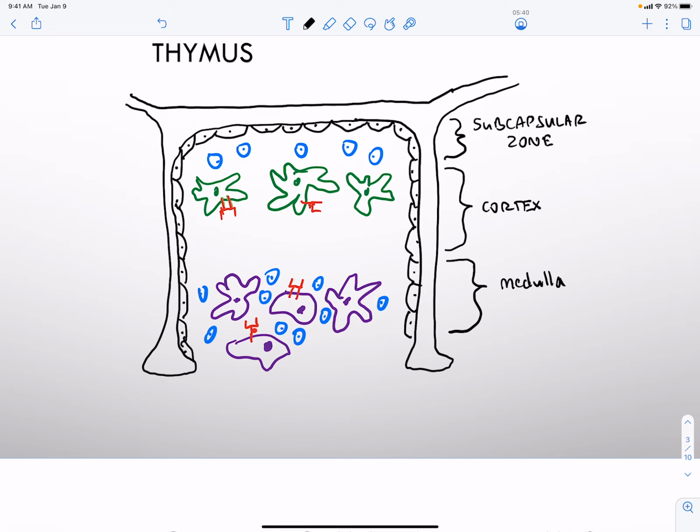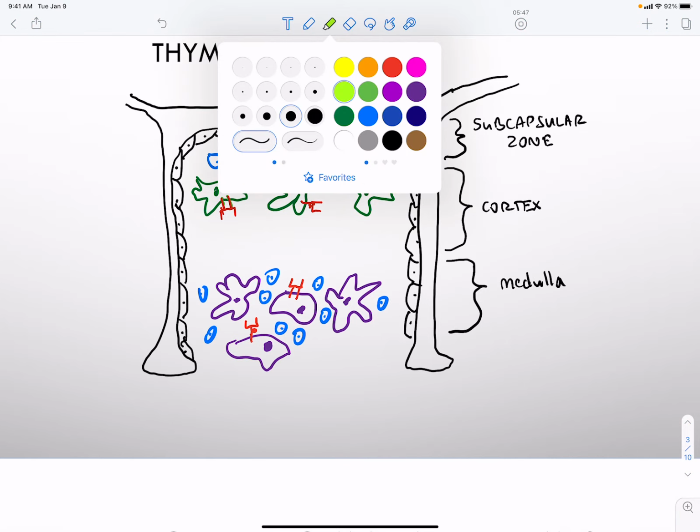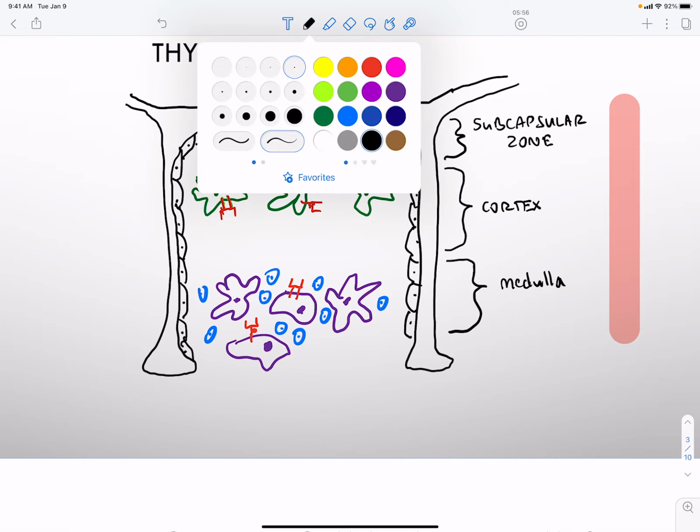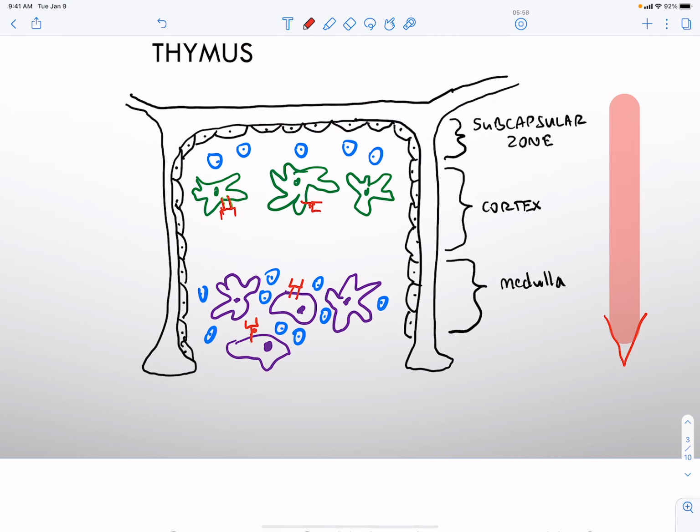Now, each of these zones are going to be very important in T cell development, and the T cells are going to develop in this direction. There's a little arrow. So our T cells will develop in this direction. And so they're basically going to move from the subcapsular zone through the cortex and then into the medulla, and then eventually into the circulation if they are released.